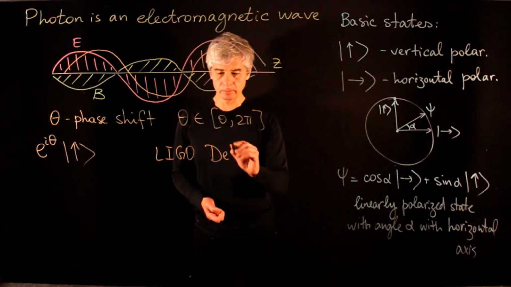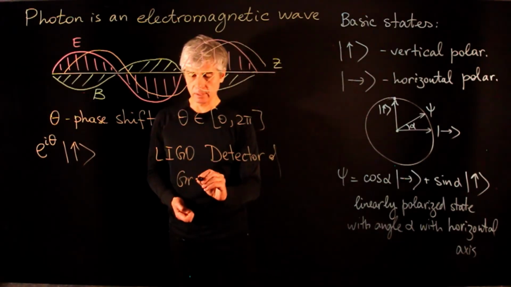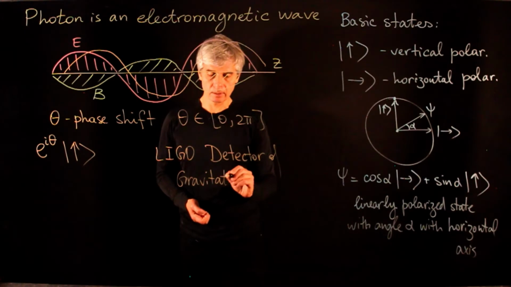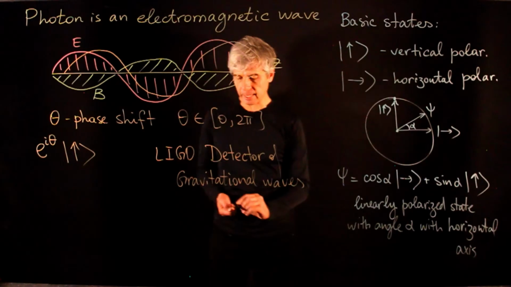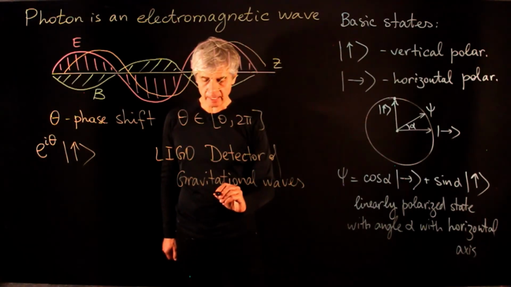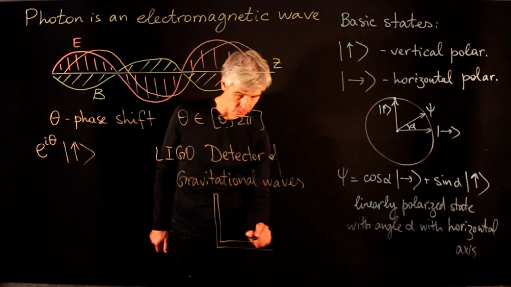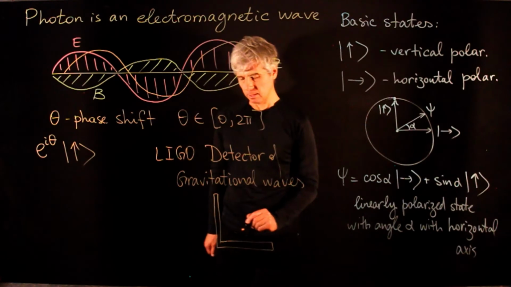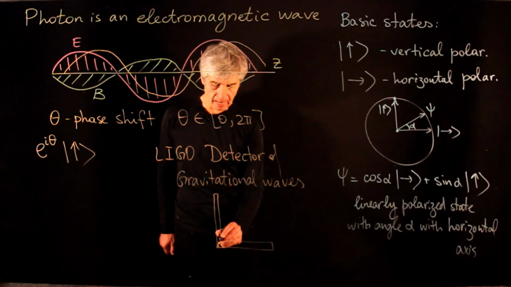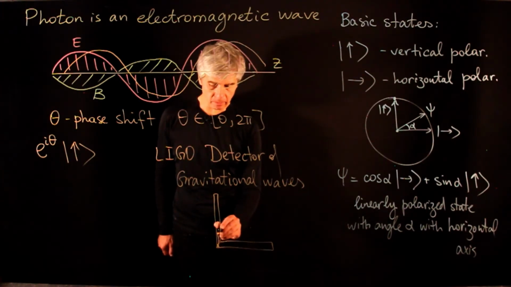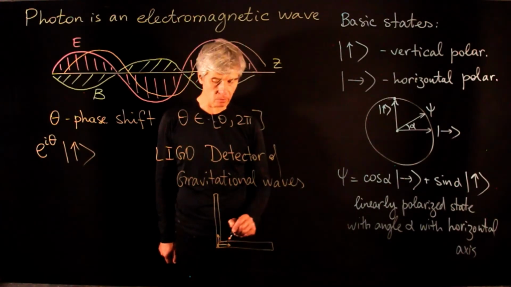detector of gravity waves, so gravitational waves. So what does a LIGO detector look like? A LIGO detector has two tunnels, with a beam splitter. Here you put a laser, and then a splitter sends one beam of the laser in this direction and another along this direction.